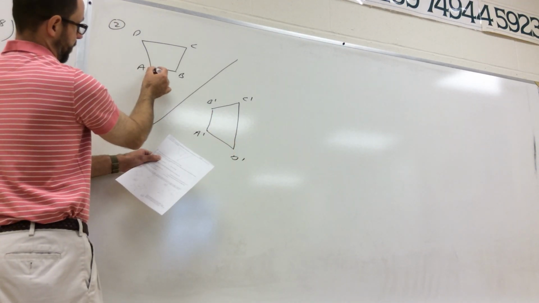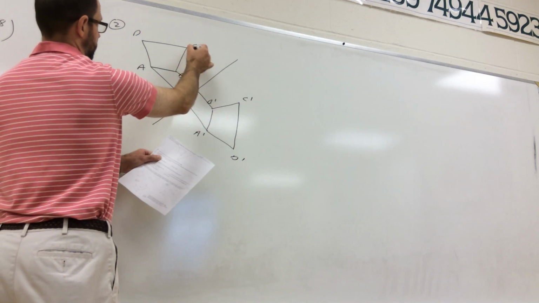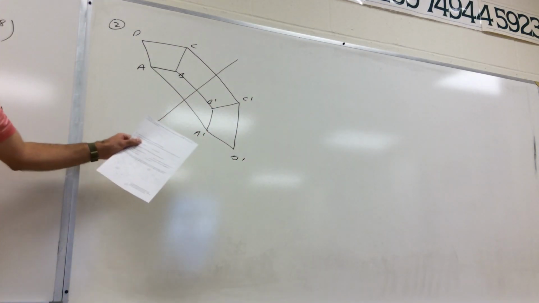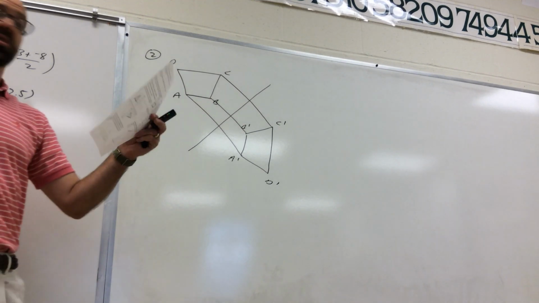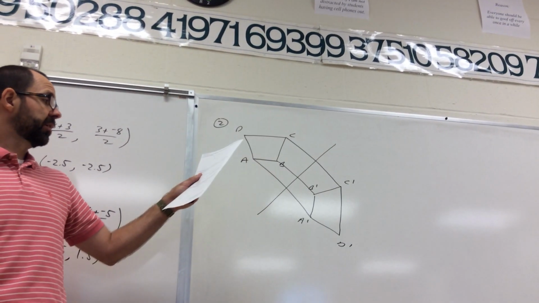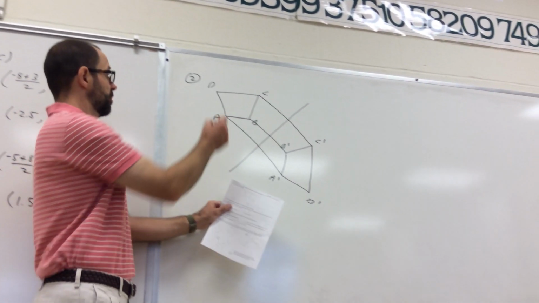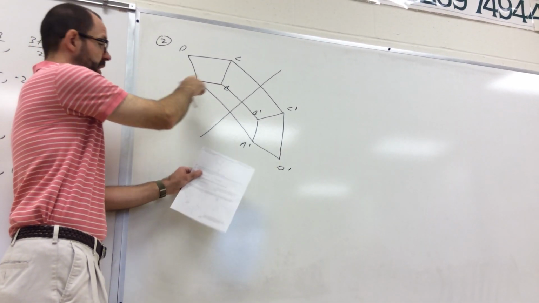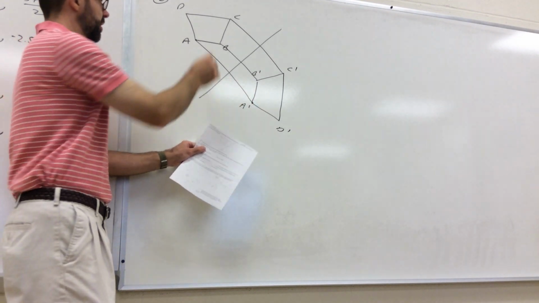So they want you to connect from A to A prime, from B to B prime, from C to C prime, and then from D to D prime. Here's the point on the pre-image, the regular A, the original, and then there's the A prime, the corresponding point on the image. Connect that.